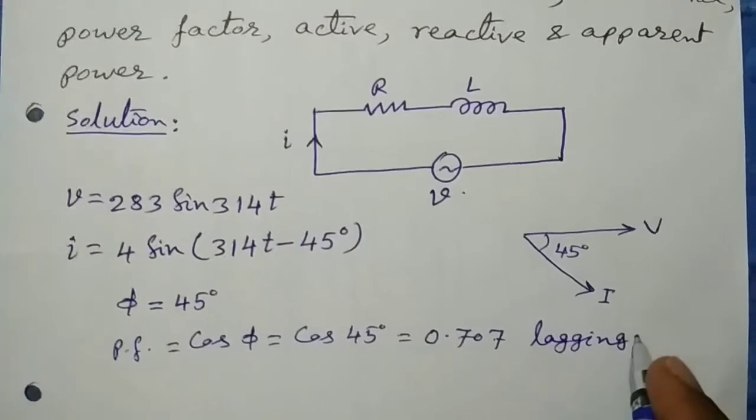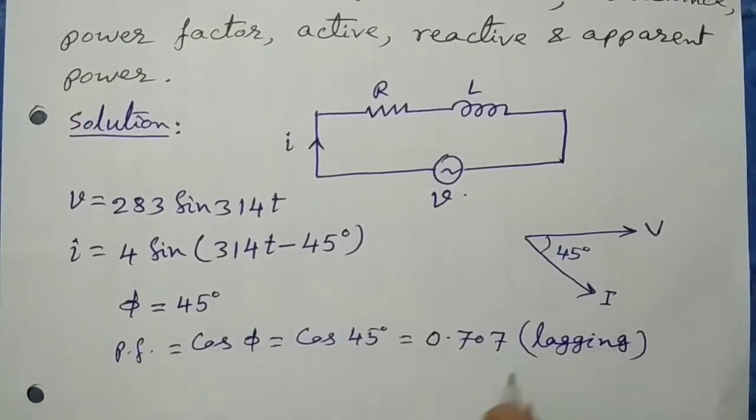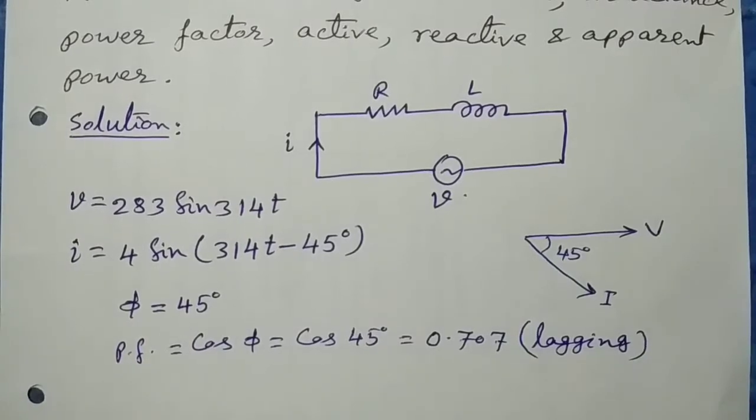Remember one thing, when we find the power factor, we have to mention whether it is lagging or leading. The power factor is basically unitless, but we have to mention whether the current is lagging or leading the voltage. If the current is lagging the voltage, it is the lagging power factor, and if the current is leading the voltage, it is the leading power factor.